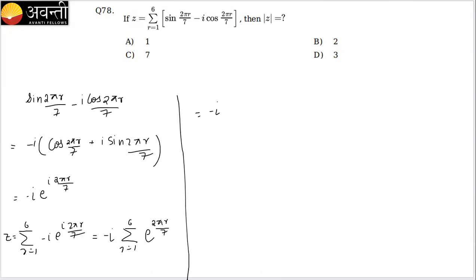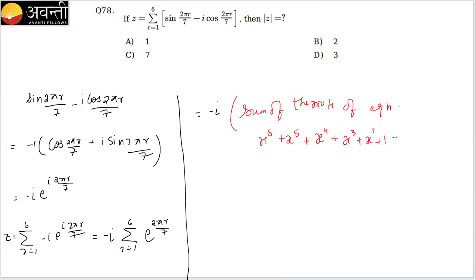This is very important, the summation part. This means sum of the roots of the equation x raised to 6 plus x raised to 5 plus x raised to 4 plus x raised to 3 plus x square plus x plus 1 equals 0.